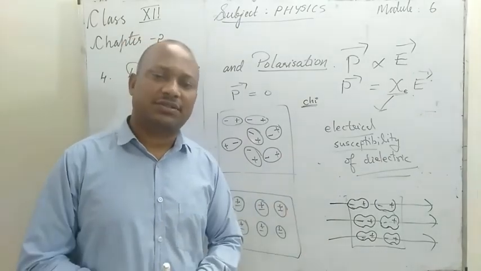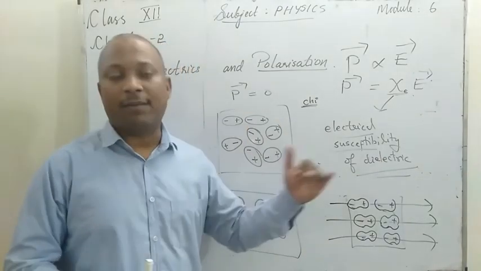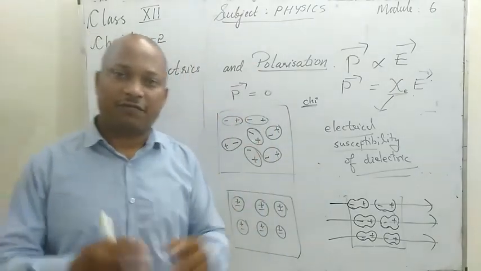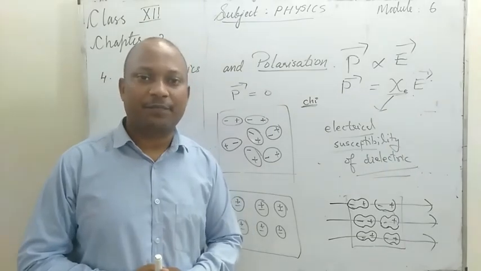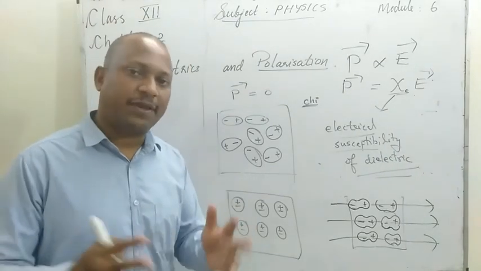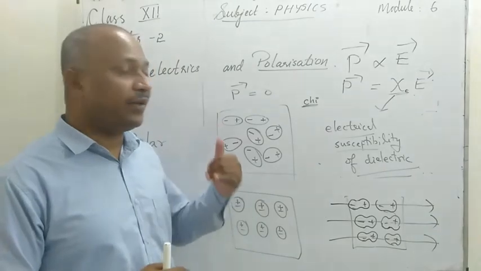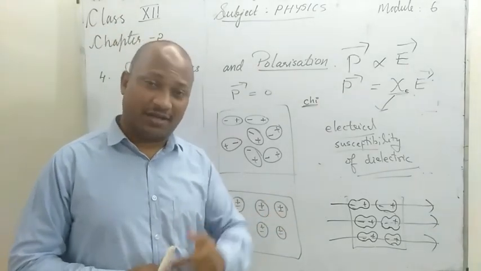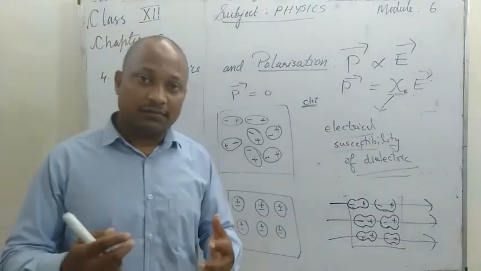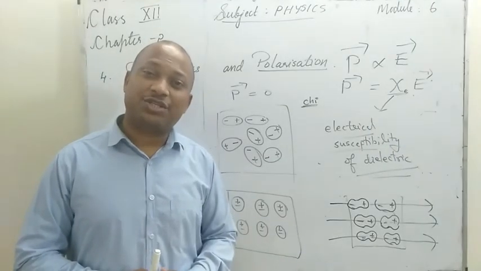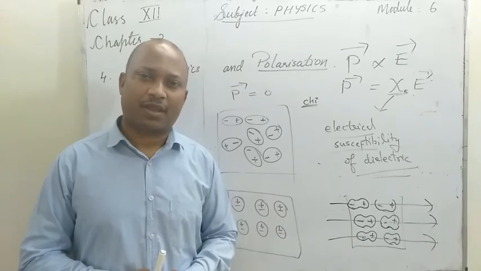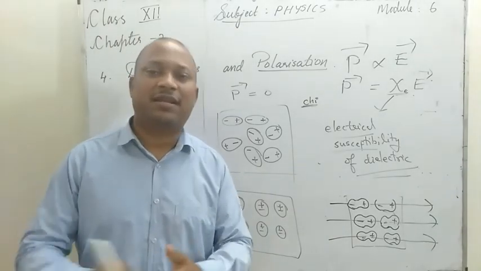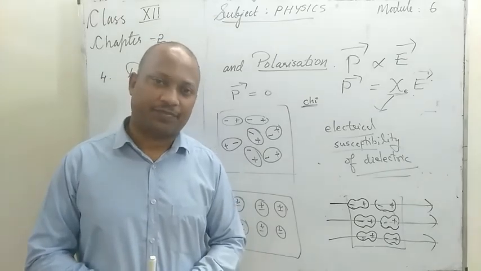So that's all about module number 6. We have discussed four small topics here. The first topic was the relation between electric field and electric potential, and then we discussed equipotential surfaces. Then we discussed the potential energy of an electric dipole placed in an external uniform electric field.